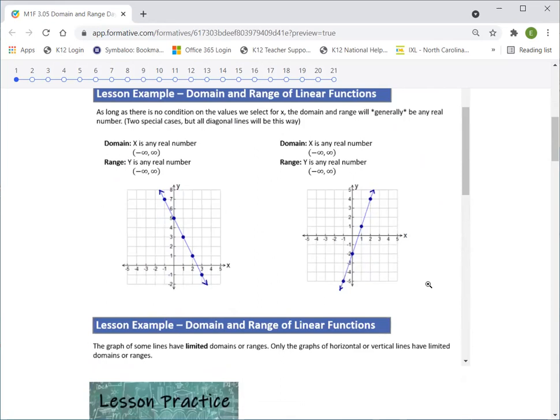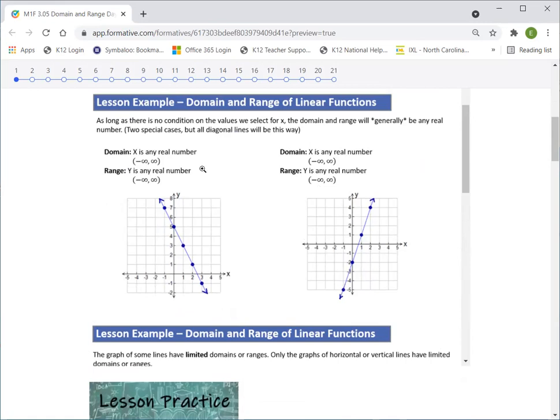Okay, we can also represent these in interval notation. So that's what all of these are. As long as there is no condition on the values we select for x, the domain and the range is generally all real numbers. There are two special cases, but all the diagonals will be the same way.